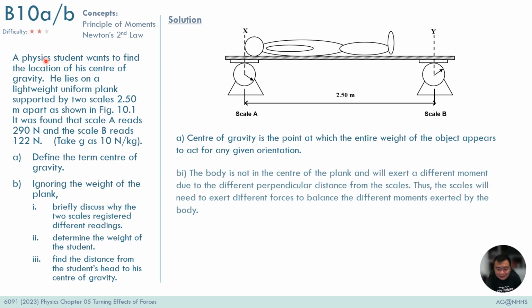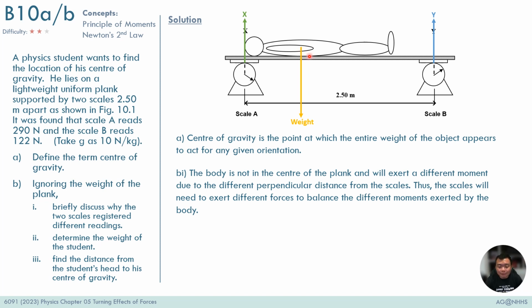We must note that the person is lying closer to scale A. So what happens is, if I take this point as the pivot as shown by my laser pointer, the moment caused by force X, the green arrow, and the moment caused by force Y, the blue arrow, must balance one another. One is a clockwise moment, one is an anti-clockwise moment. And since the whole object is not moving, not rotating, the moments must balance by principle of moments.